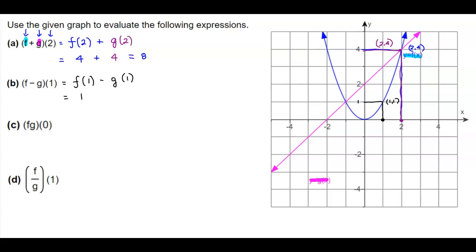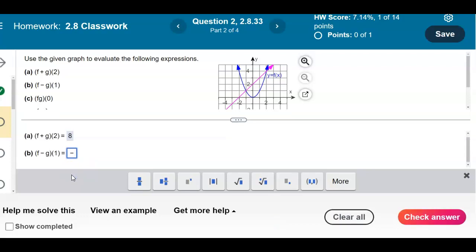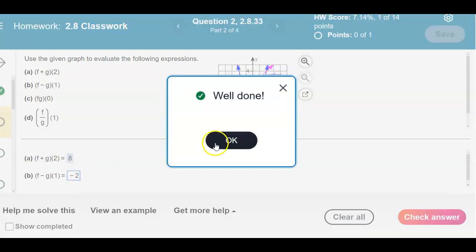So we know that's 1 minus g of 1, which means we need to go further, and that's this point right here, and that is 1 and then 3. So the output is 3. So 1 minus 3 is going to give us negative 2.